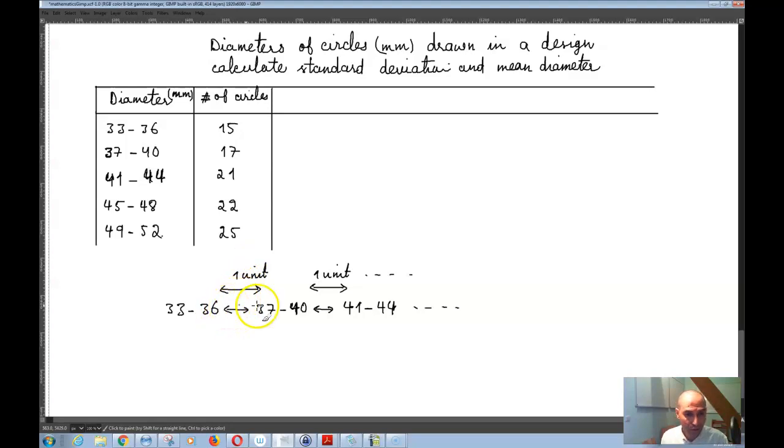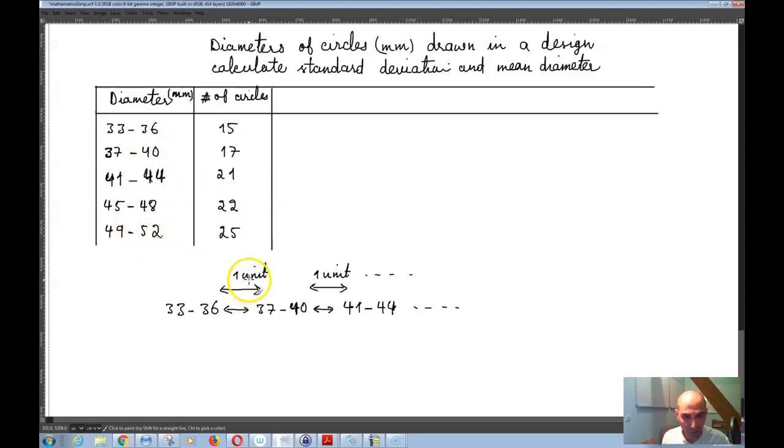But right now the class sizes are equal, meaning that 36 minus 33 is equal to 3, 40 minus 37 is equal to 3, 44 minus 41 is equal to 3, and so on. So you want your class sizes to remain equal.